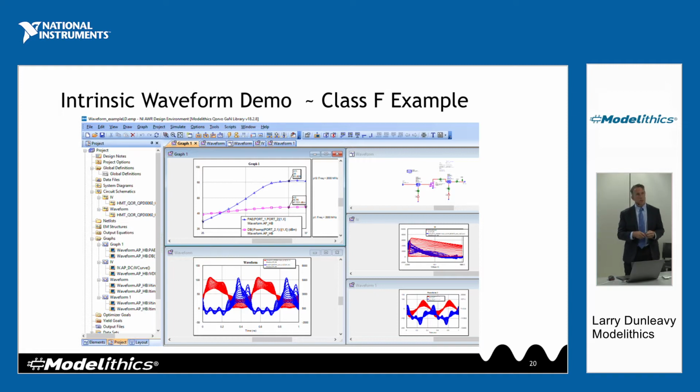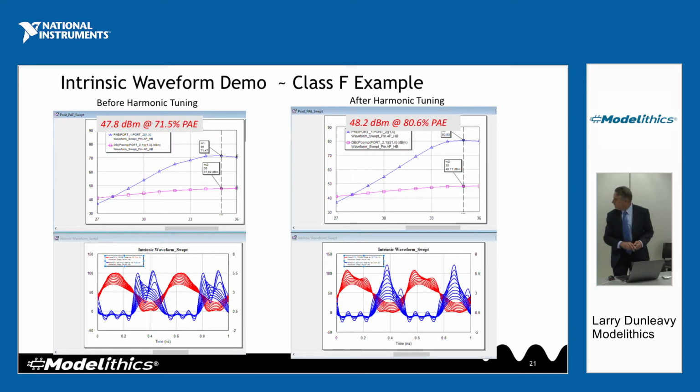So about 9 or 10 points were gained just by optimizing that third harmonic and squaring out the voltage waveform. And that's what we're showing here. There's 71.5% to 80.6%. So about 9 points of efficiency improvement.